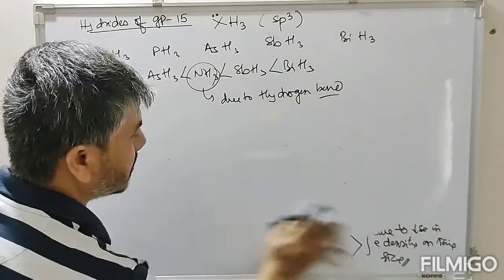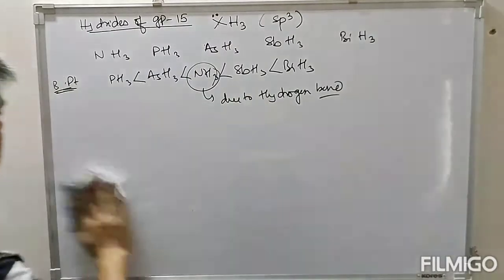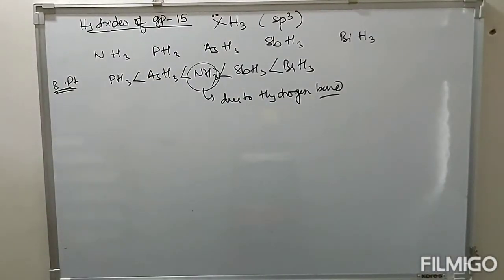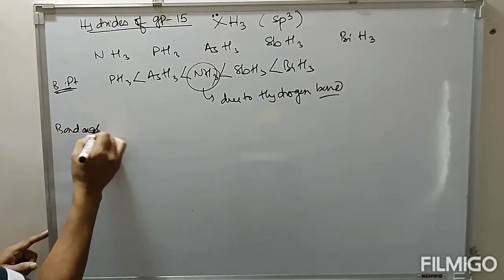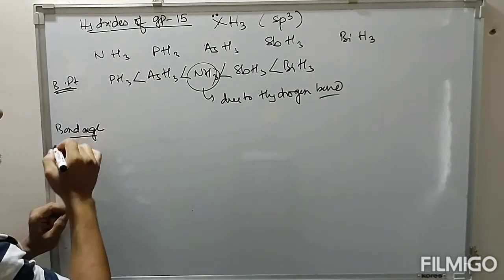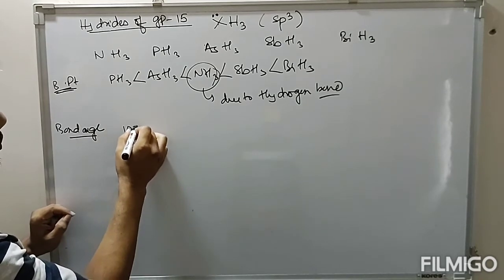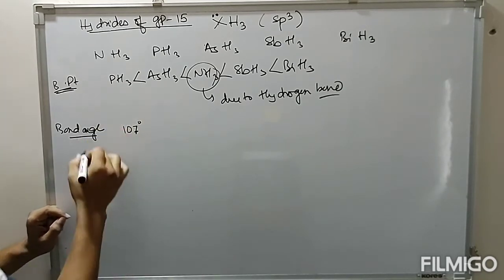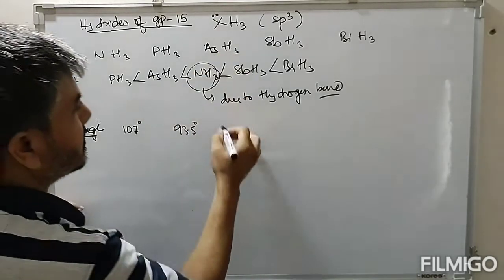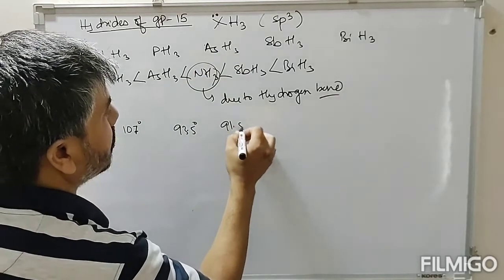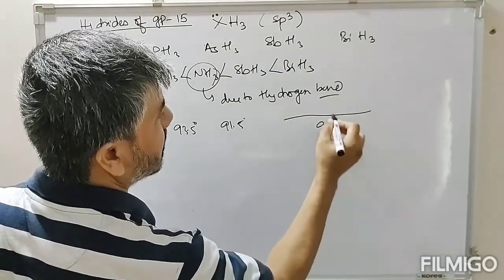But when we compare the bond angle, in the case of ammonia the bond angle is 107, PH3 approximately 93.5, AsH3 91.5 and SbH3 approximately 90.